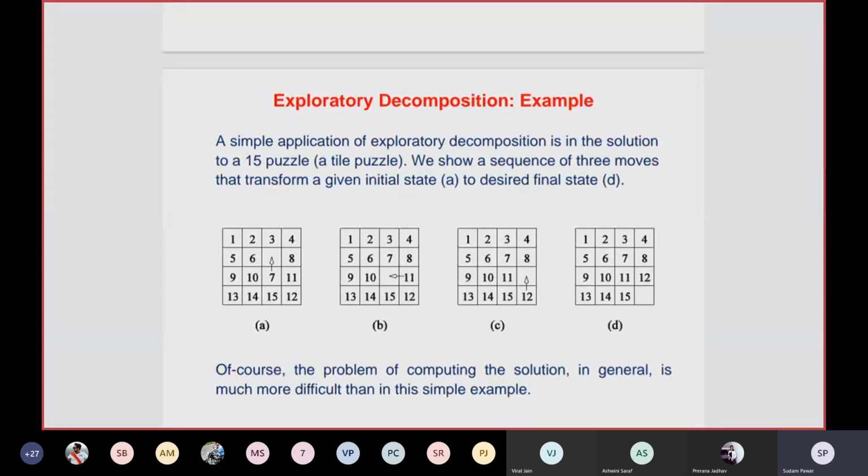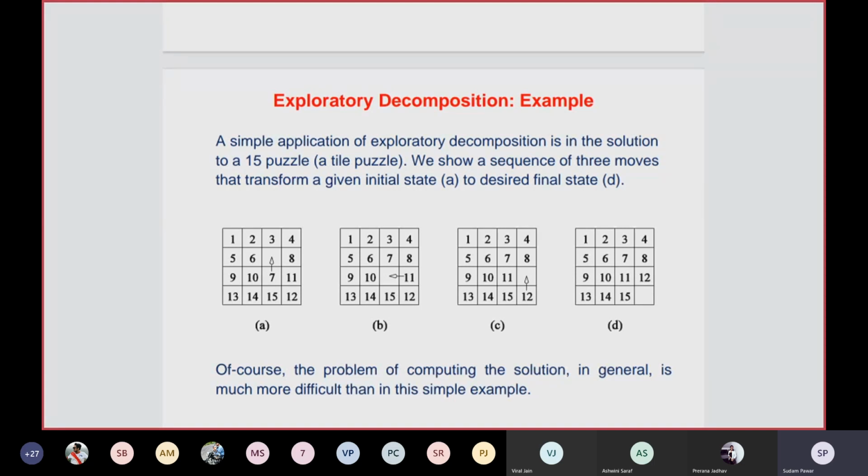In the current example, a simple application of exploratory decomposition in the solution to a 15 puzzle problem is shown here. Here we show a sequence of three moves that transform a given initial state A to a desired resultant state or final state D. In this case, at the seventh position there are three different moves possible.